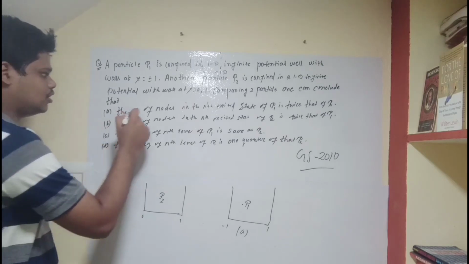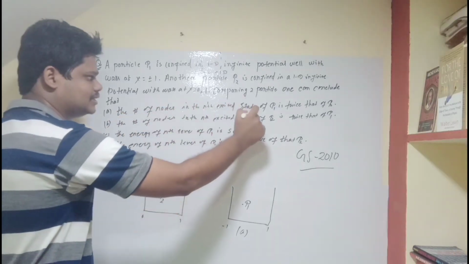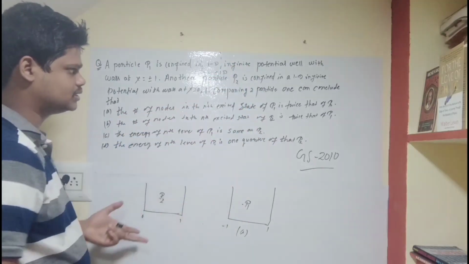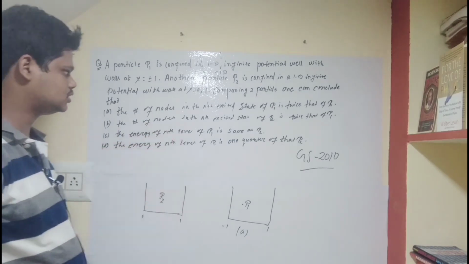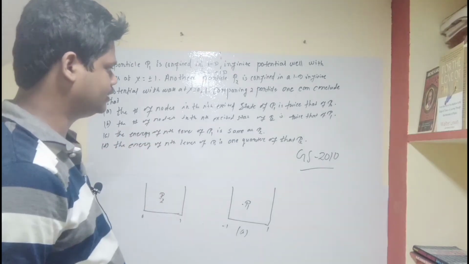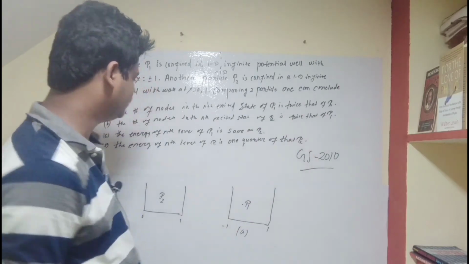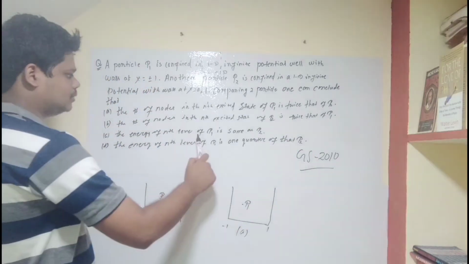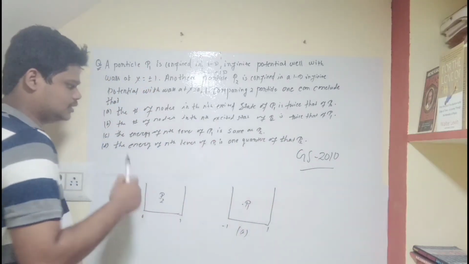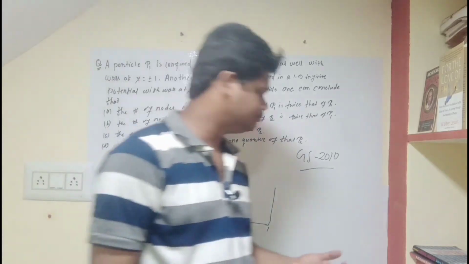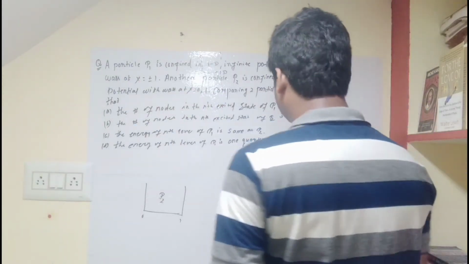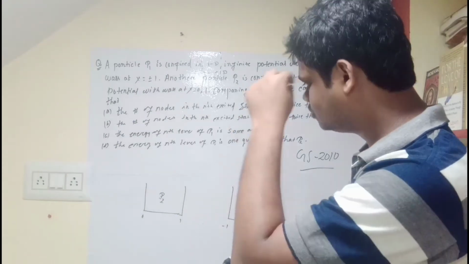The number of nodes in the nth excited state of P1 is twice that of P2. The number of nodes in the nth excited state of P2 is twice that of P1. The energy of the nth level of P1 is the same as P2. The energy of the nth level of P1 is 1/4 of that of P2.